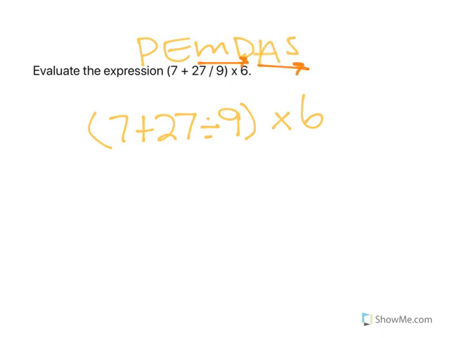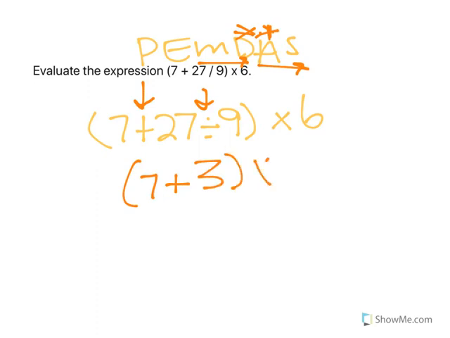All right, so we do have parentheses, and what we notice in our parentheses is we have addition and we have division. So we need to come back up here, and we see that division comes before addition. So before I can add my 7, first I need to divide 27 divided by 9. And 27 divided by 9 is 3.